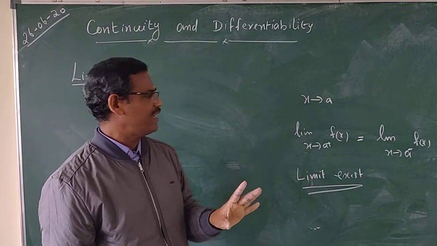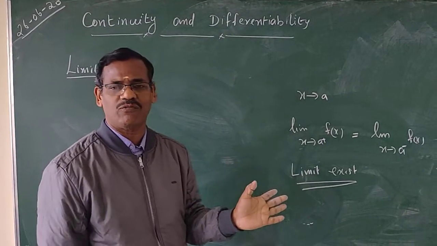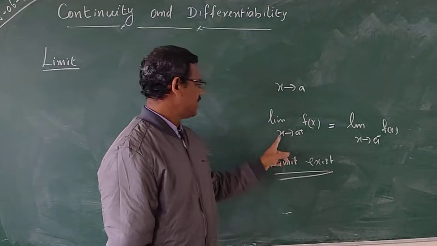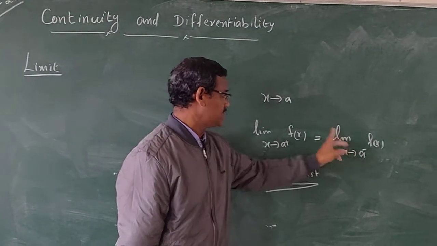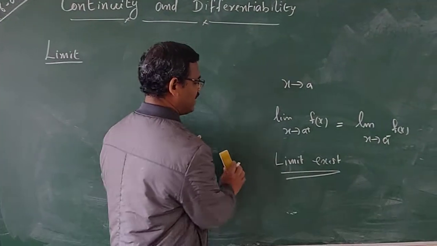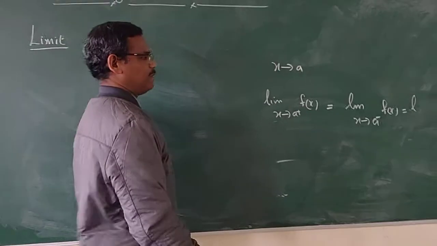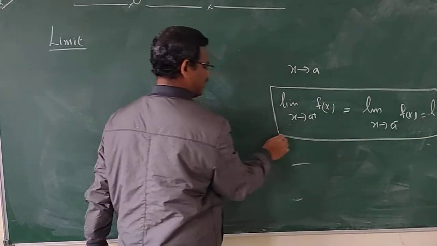And more clearly, to show whether x is very near to a on the left side of a or the right side of a, we mark a plus and a minus. That is limit x tending to a plus and limit x tends to a minus. If both values are equal, we say that is the limit, and suppose that limit is equal to L. So this is one important thing: left limit should be equal to right limit.